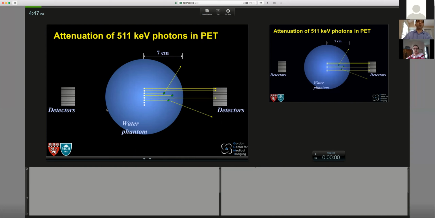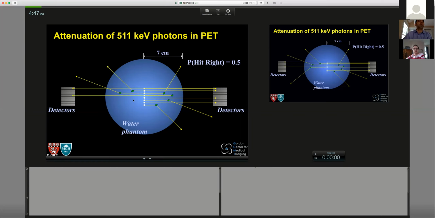Some of those will be detected, some of those will be absorbed, and some of them will be attenuated and scattered, right? So if I look at the total, say I would get 4 on this side. And if I emitted the same on the other side, I would also get some that make it through to the detector, some that scatter and not make it to the detector, some that are attenuated and absorbed, and some that make it to the detector here. So 4 here and 4 here.